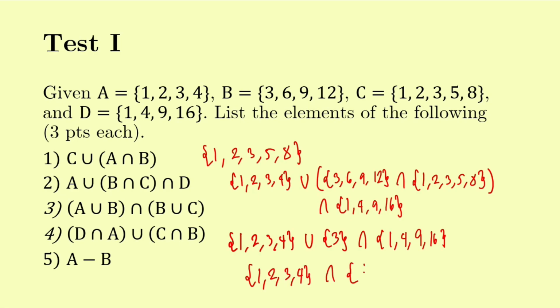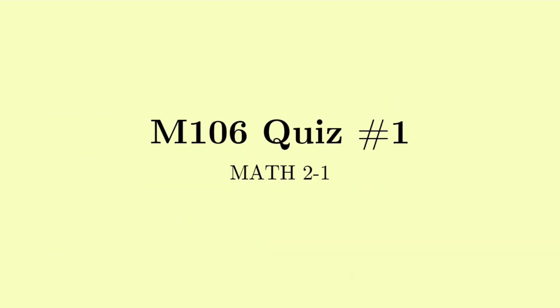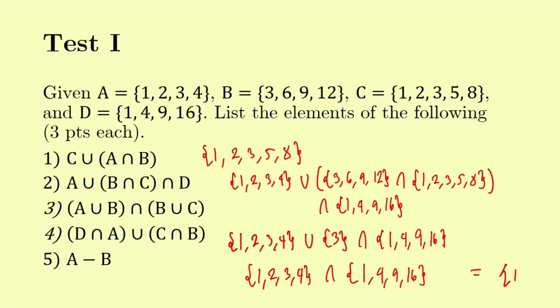Intersection with 1, 4, 9, 16. So our final answer here is going to be 1 and 4. Yeah, I forgot that. 1 and 4. Okay.